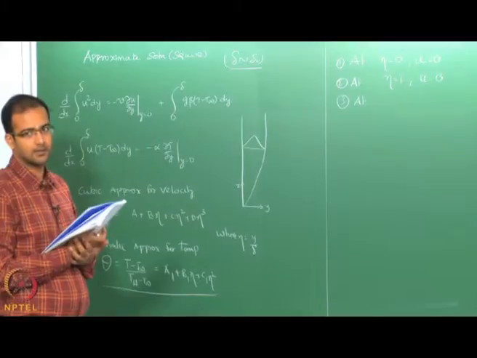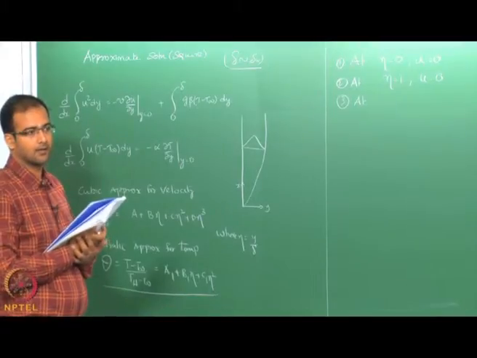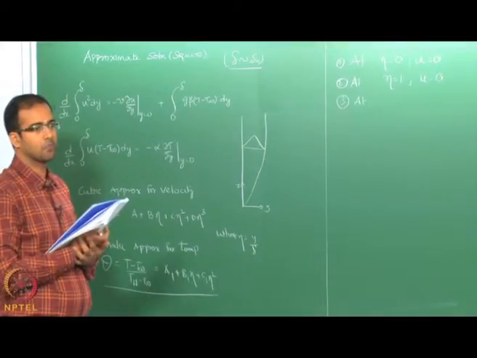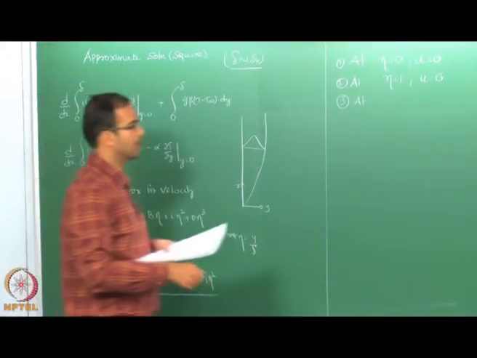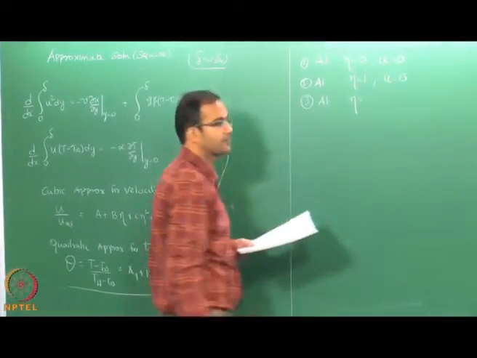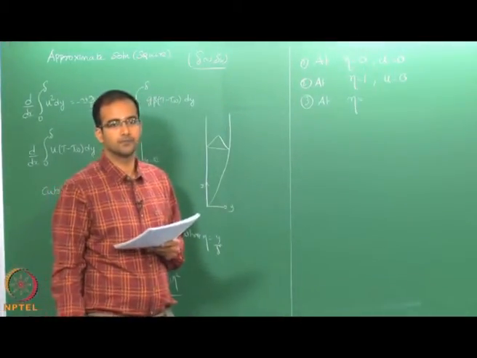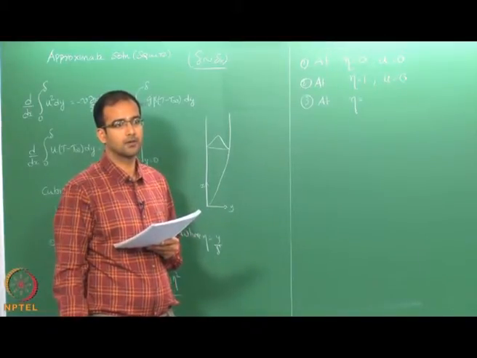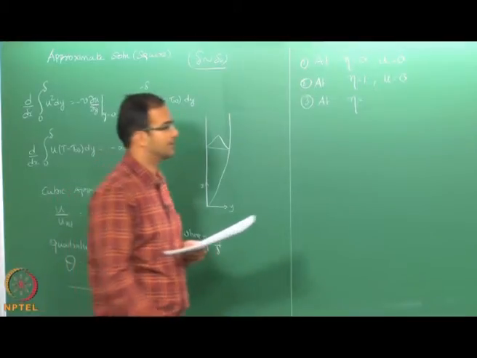Where do you want to write the third boundary condition? At the wall or at the boundary layer? At eta equal to 0 or 1? 1.